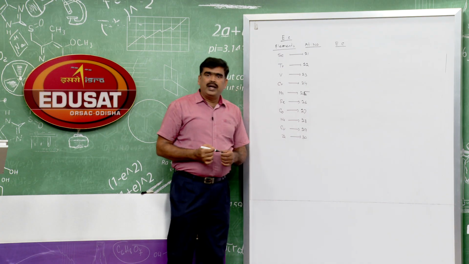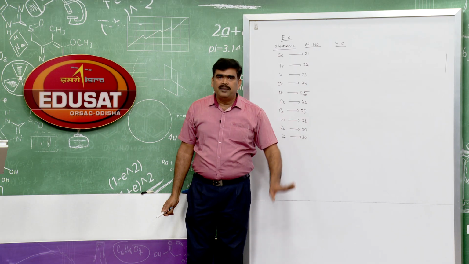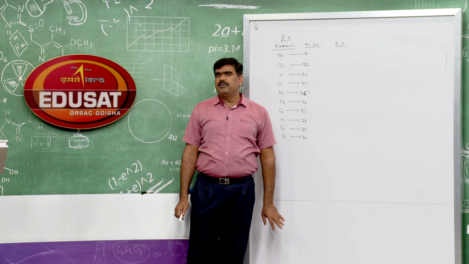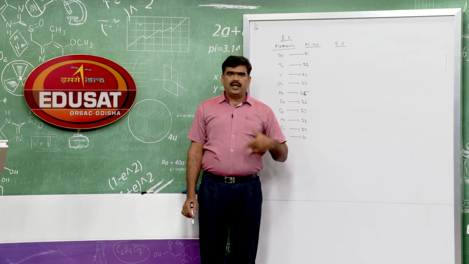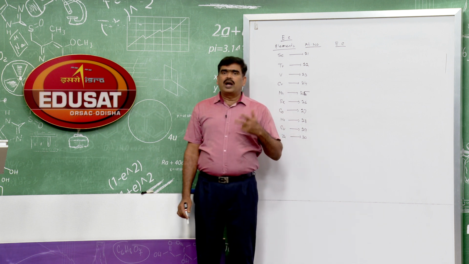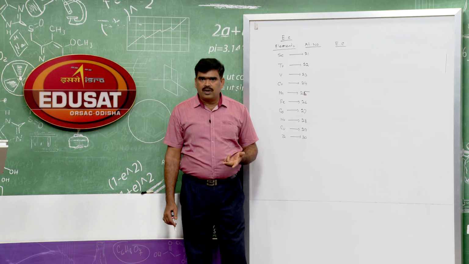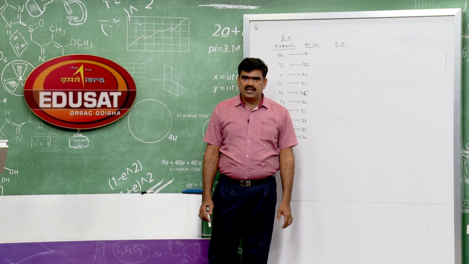You will be asked to write the electronic configuration of an element, but you will not be given the atomic number. How to remember the atomic number? Here is a trick. Suppose you are asked to write the electronic configuration of copper, but you are not given the atomic number.